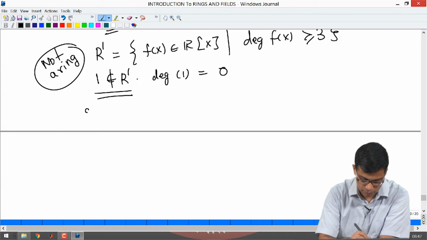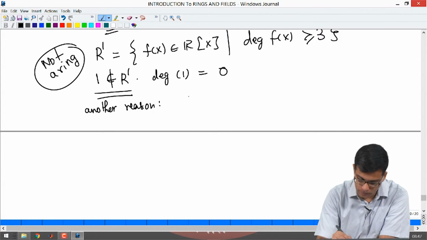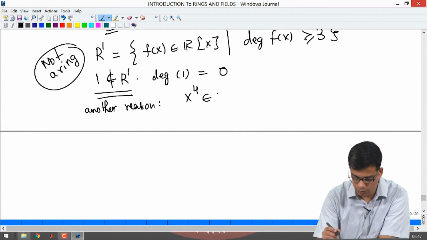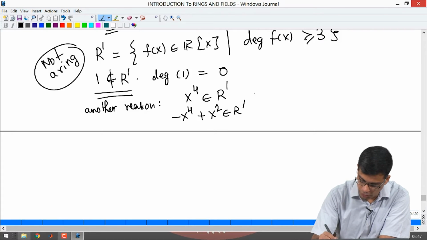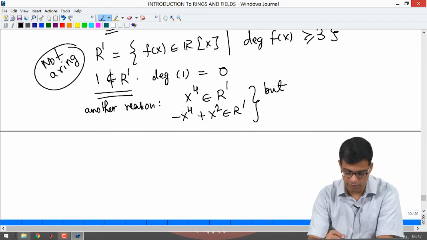Another reason is if, for example, x power 4 is in R prime, and minus x power 4 plus x squared is in R prime, but what is the sum of these two?